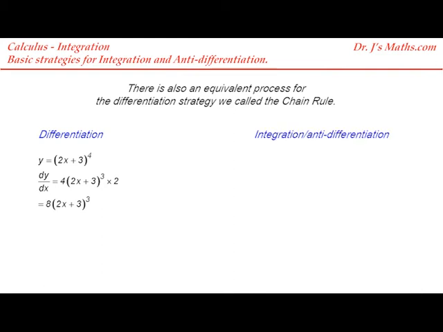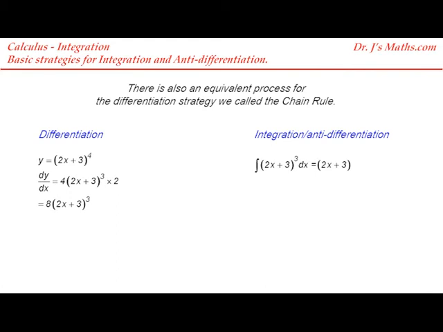If we have the same kind of structure for an integration or anti-differentiation, it could be that we have the integral of (2x plus 3) in brackets, all cubed, dx. Well, pretty much everything in reverse.